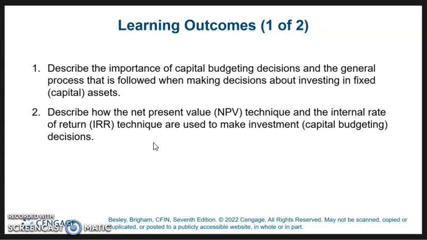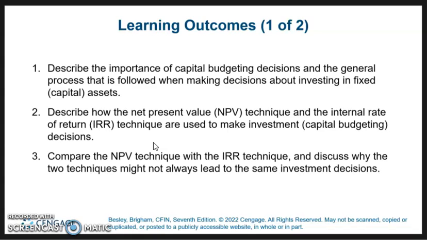We'll talk about net present value, or NPV, and internal rate of return, IRR, the two most widely used techniques, and we'll talk about how to complete those calculations, and then how to make the decision once you've executed the calculation.